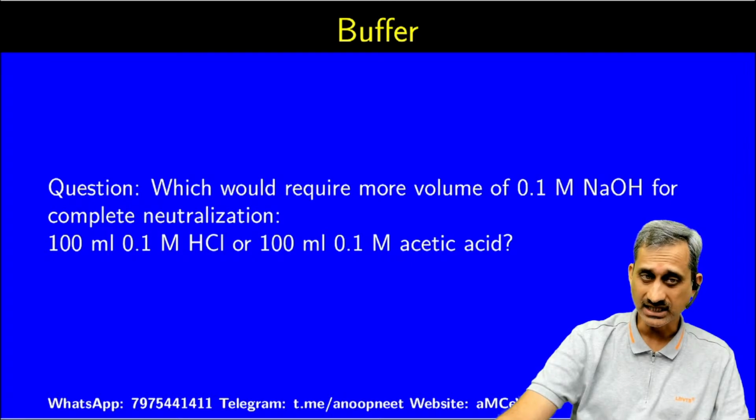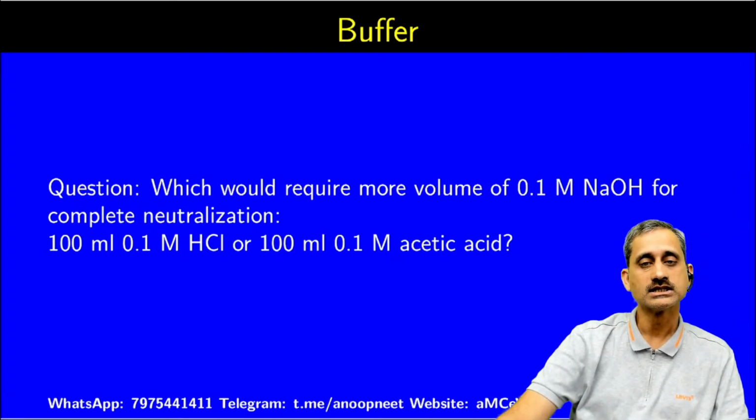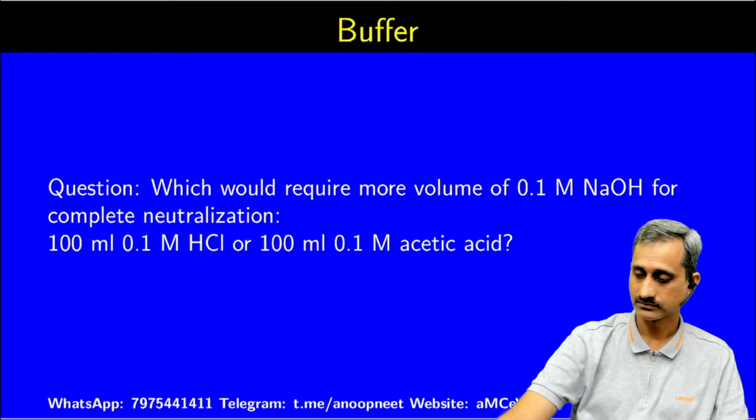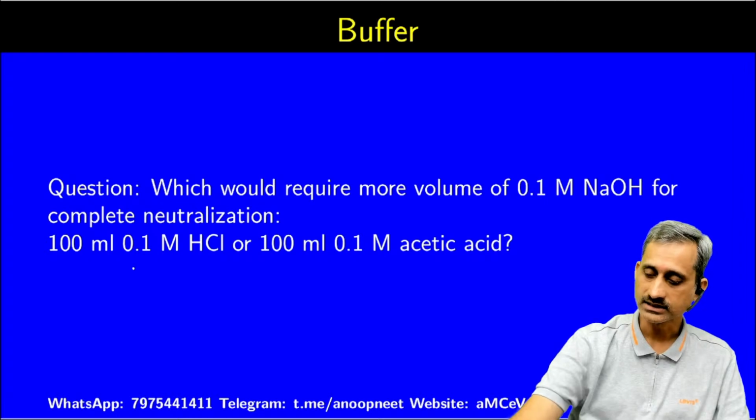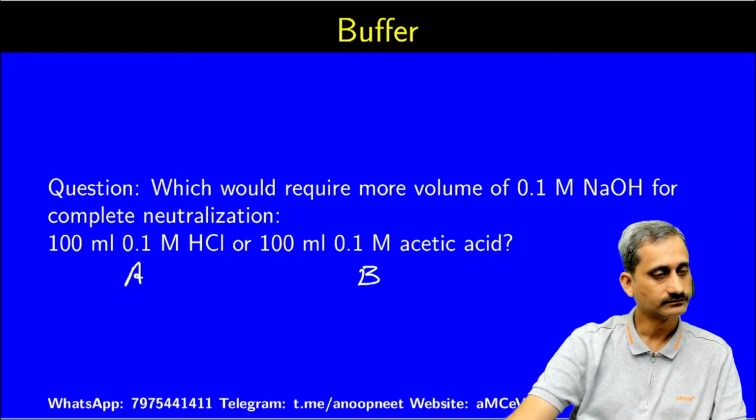Acetic acid is a weak acid, hydrochloric acid is a strong acid. Which of the two will need more sodium hydroxide for complete neutralization? Okay, let us say this is A, this is B. Give me the answer, A or B?